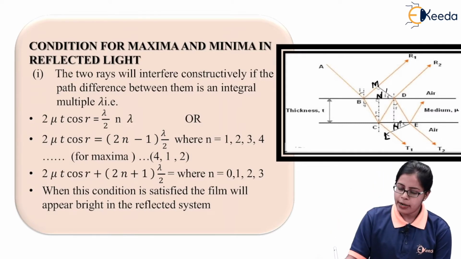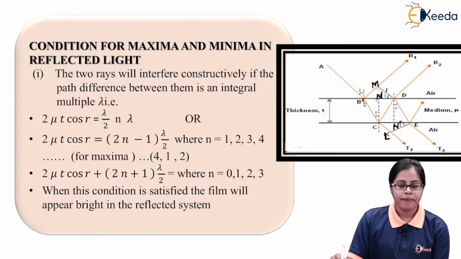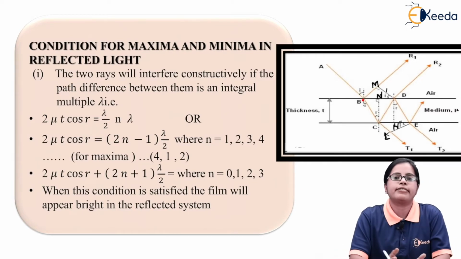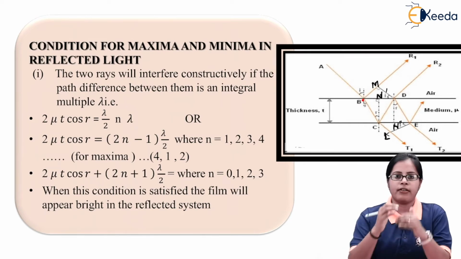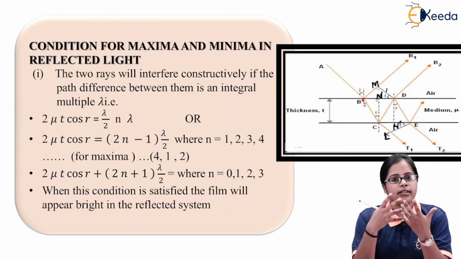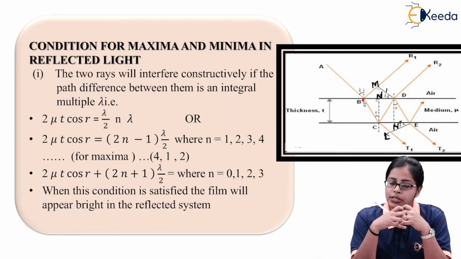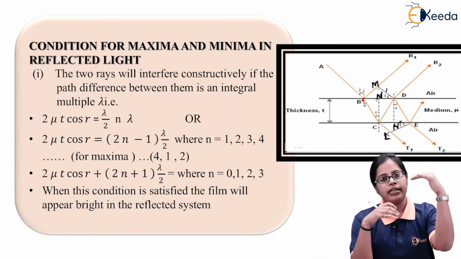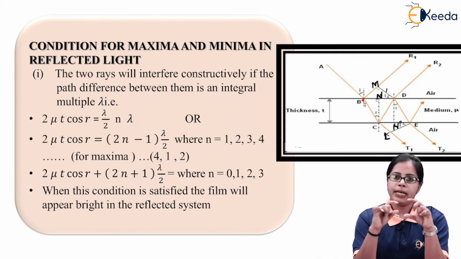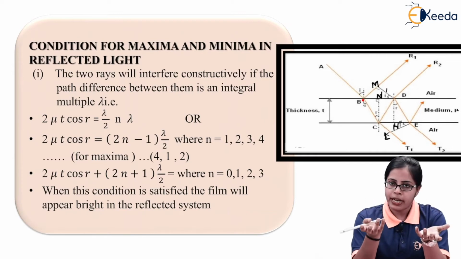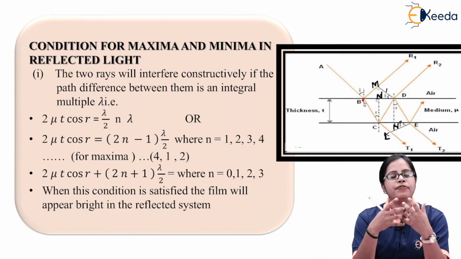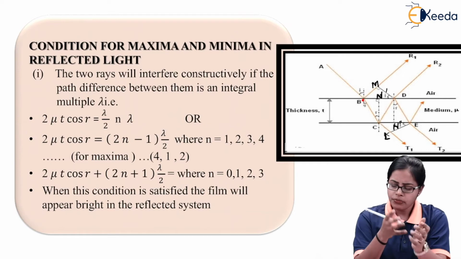As the point B is lying in the denser medium, that is the refractive index is more as compared to the air, we can say this is the concept of hard reflection, because whenever the ray is incident on a medium of higher refractive index, the reflected ray is going to have the phase change of pi and path difference of lambda by 2.